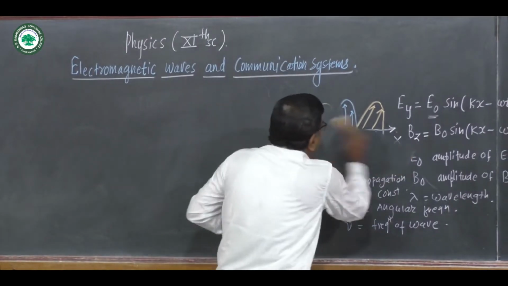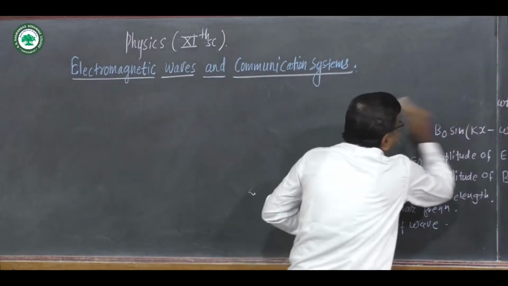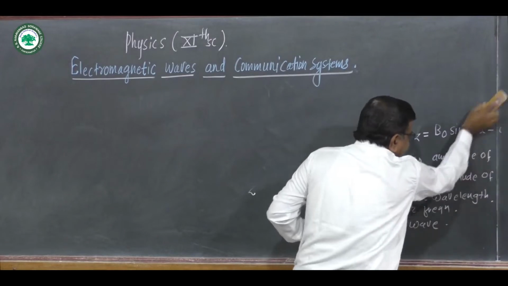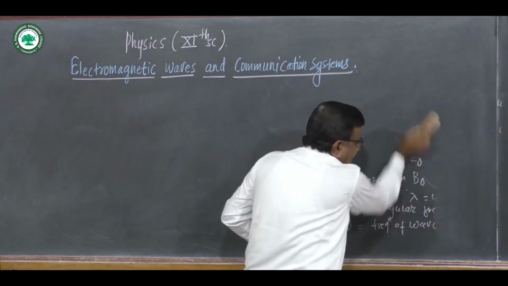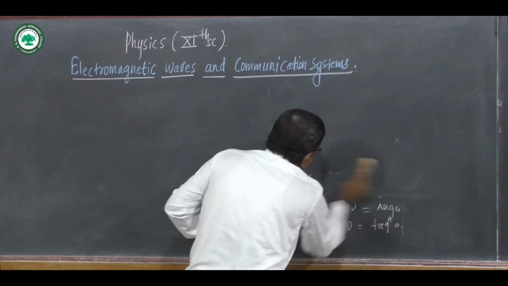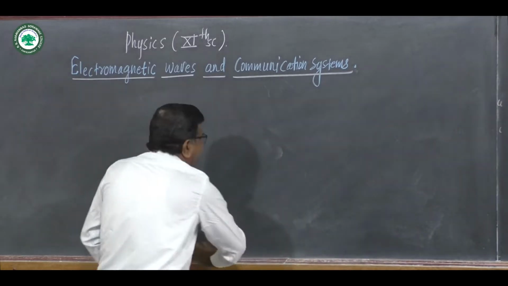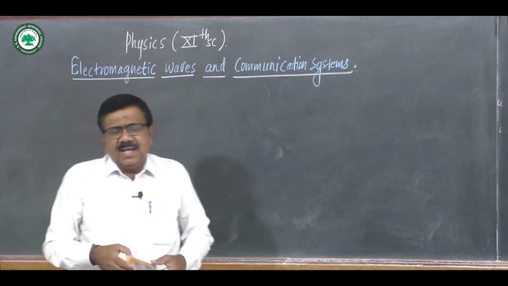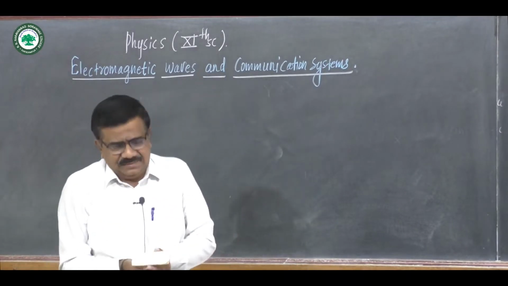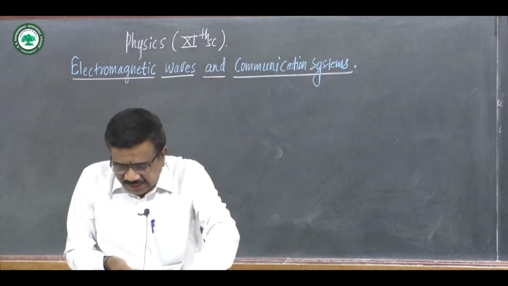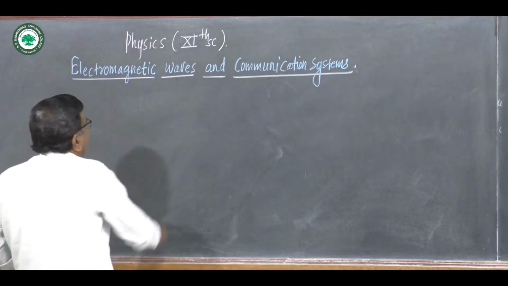This is about the electromagnetic wave which travels along one direction, perpendicular to both electric and magnetic fields, which are also perpendicular to each other. Now we see what the electromagnetic spectrum is.